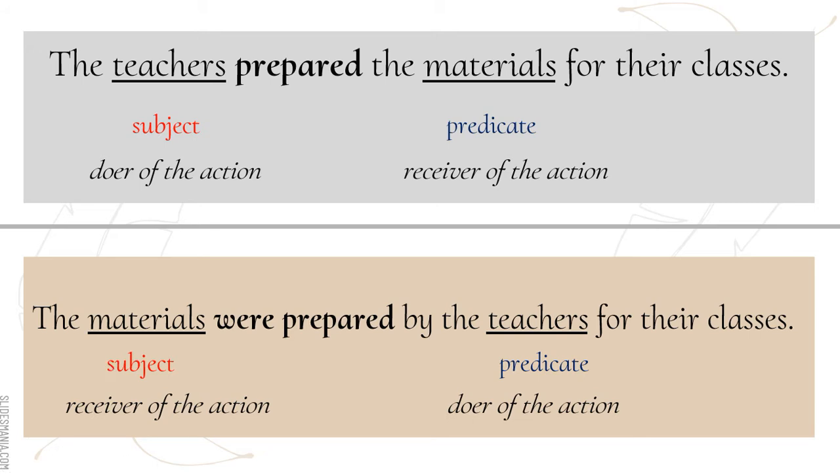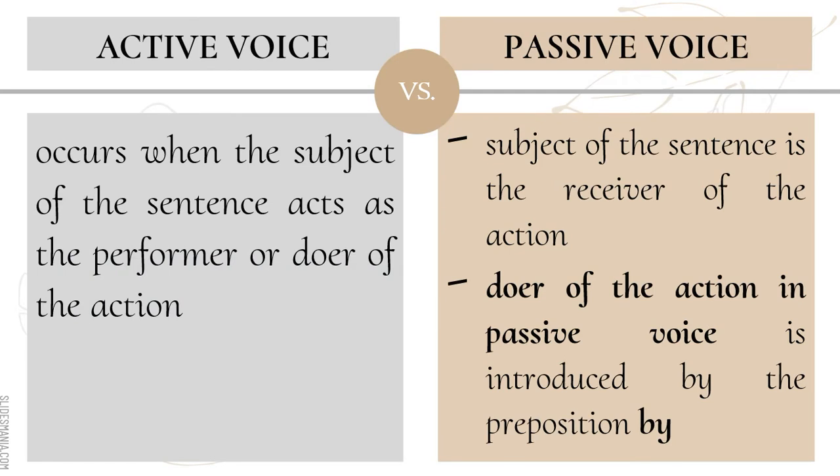Now let us go back again to the definition for further explanation. Again, active voice occurs when the subject of the sentence acts as the performer or doer of the action. And then, for the passive voice, the subject of the sentence is the receiver of the action. Another notable characteristic of the passive voice is the use of the preposition by.